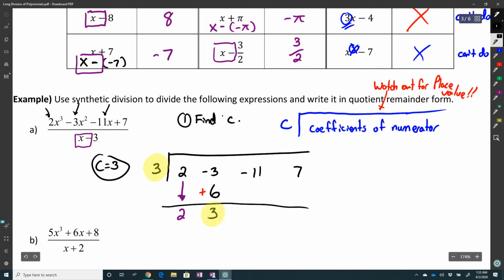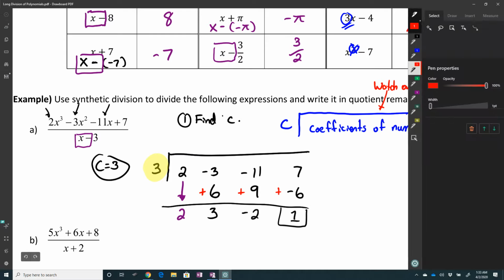Multiply. 3 times 3 is 9. Add them up. Negative 11 plus 9 is negative 2. 3 times negative 2, negative 6. Add them up. You get 1. And then you put a box under the last number.